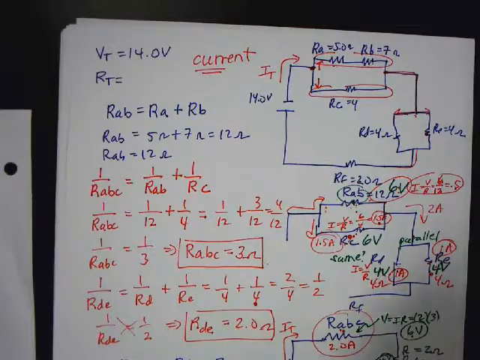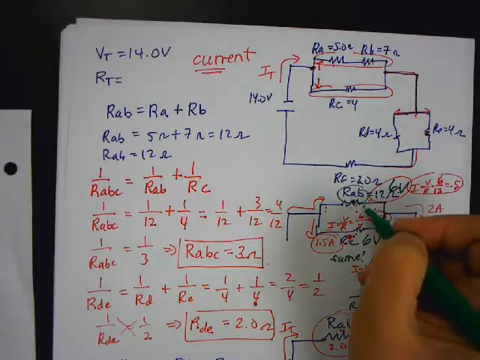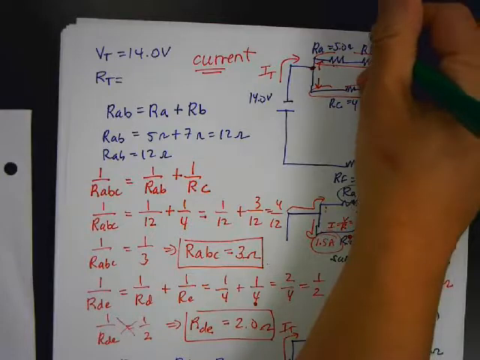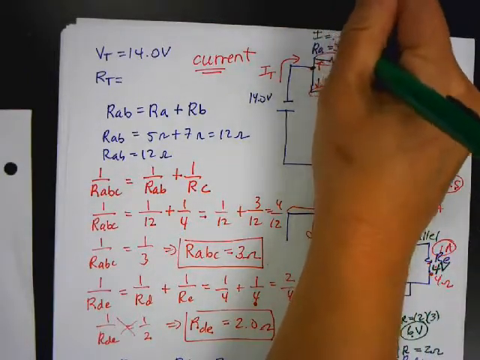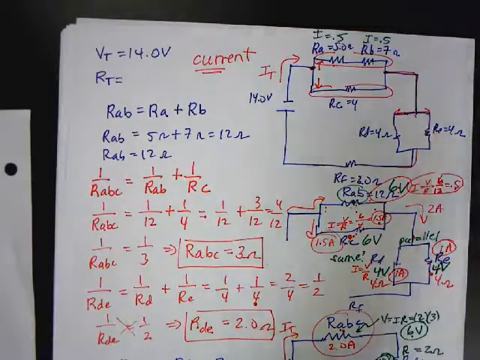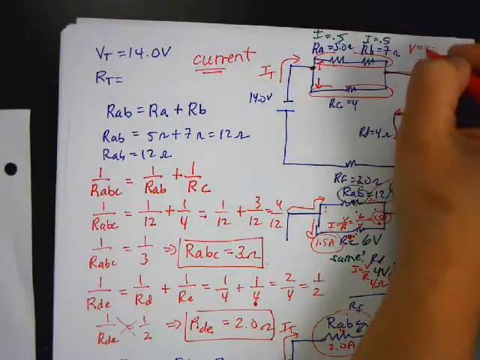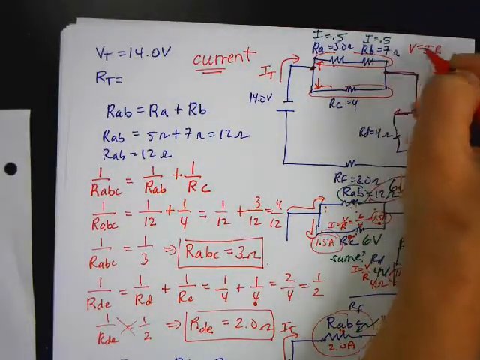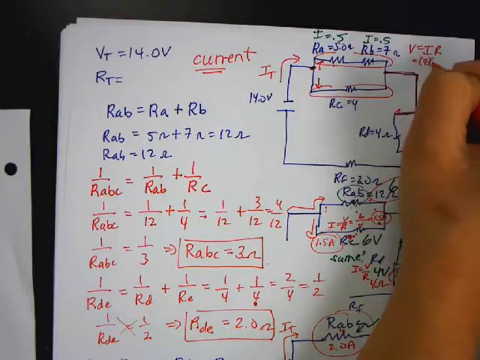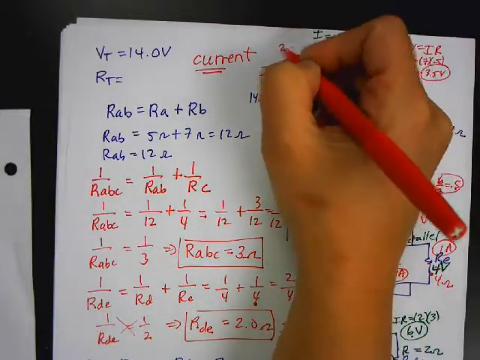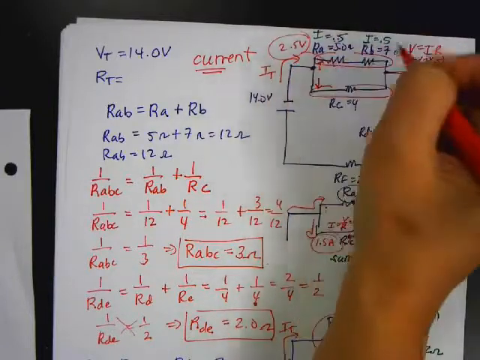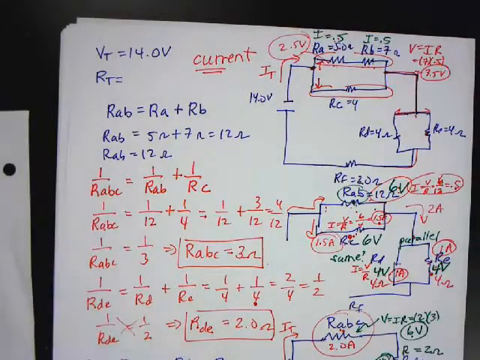I. So if this I here is 0.5 amps, that means the current here is 0.5, and here is 0.5. And then I can use Ohm's law and say V is equal to IR. So for this one, 7 times 0.5 is 3.5 volts. And then here, 5 times 0.5 is 2.5 volts. So that's the voltage drop across each one of these.